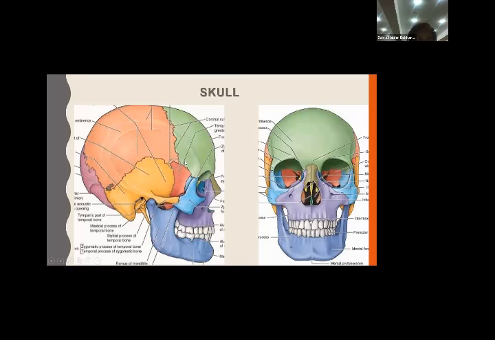So इस part के अंदर brain है, and these bones make a protective case, आप कह लें, apparatus कह लें या whatever around the skull.